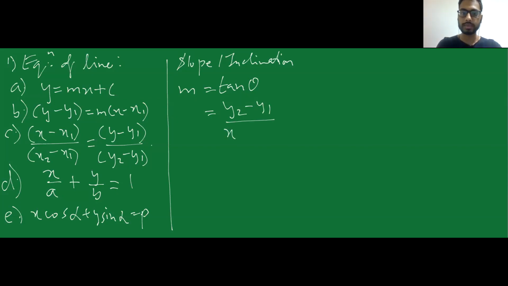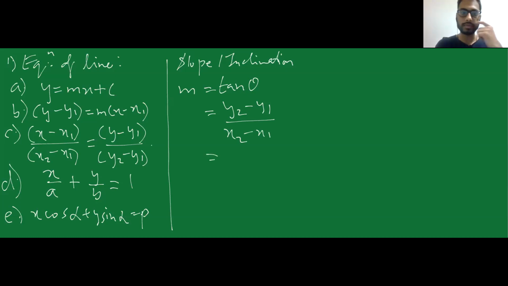Slope or inclination of a line. So slope is given by letter m, which is also equal to tan of theta, which is also equal to, if 2 points are given to me, then slope between those 2 points is y2 minus y1 divided by x2 minus x1.